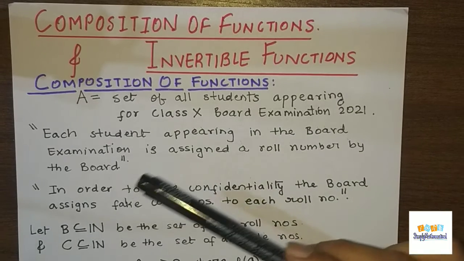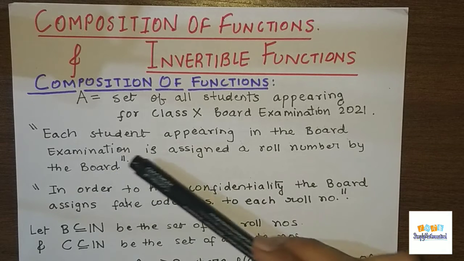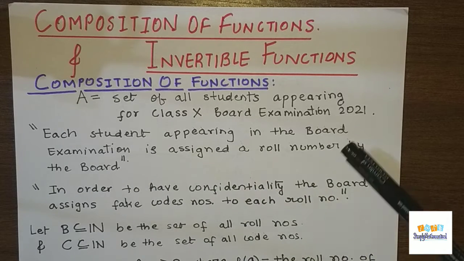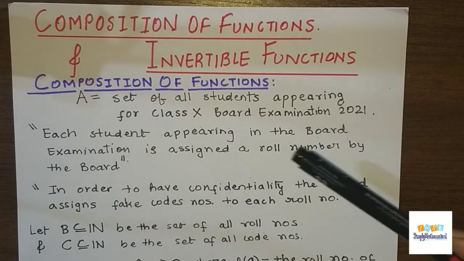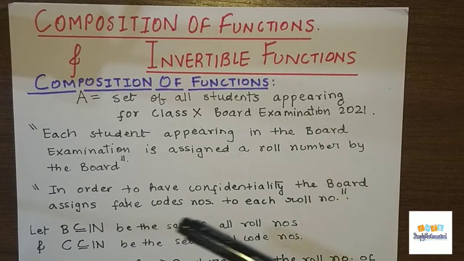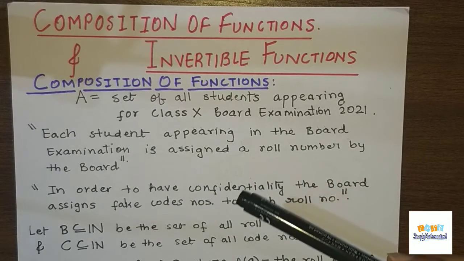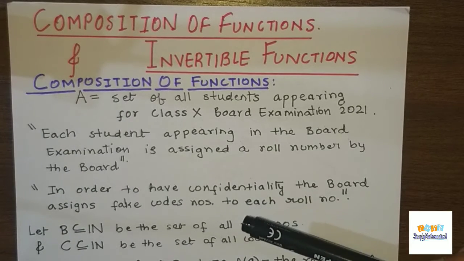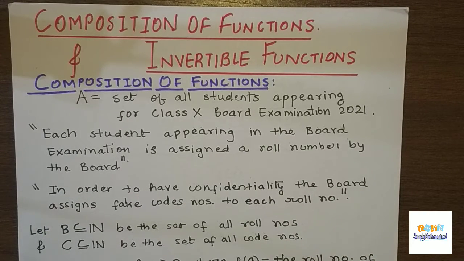Now let us say that each student appearing in the board examination is assigned a roll number by the board. Since the students are answering the exam, they have to be given roll numbers. So each student appearing in the board examination will have a roll number, given by the board.